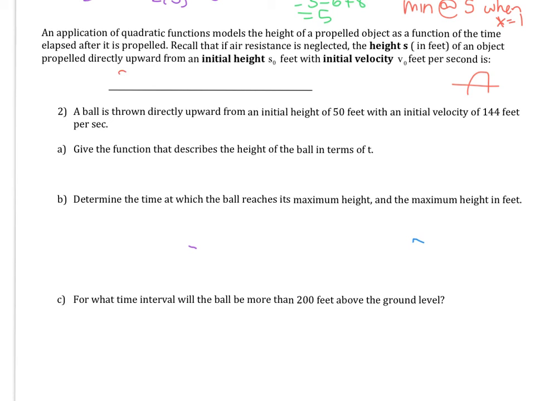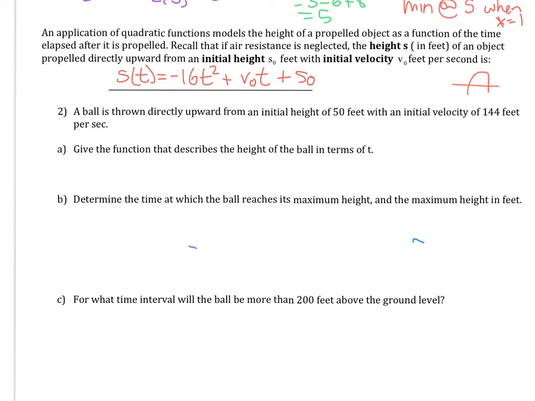It's S of t, S standing for position in this case, equals negative 16t squared plus the initial velocity, which we write V sub 0, times the time, plus the initial height, which is S sub 0. So V sub 0 is the initial velocity, the velocity at time 0.